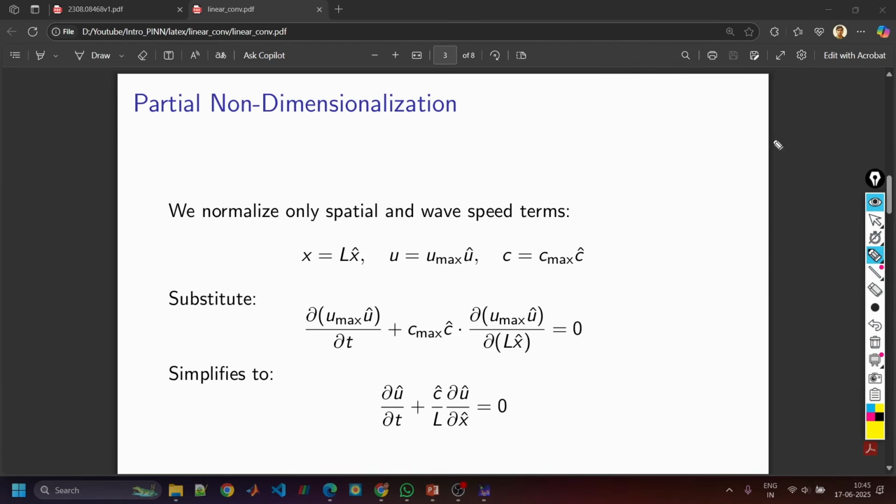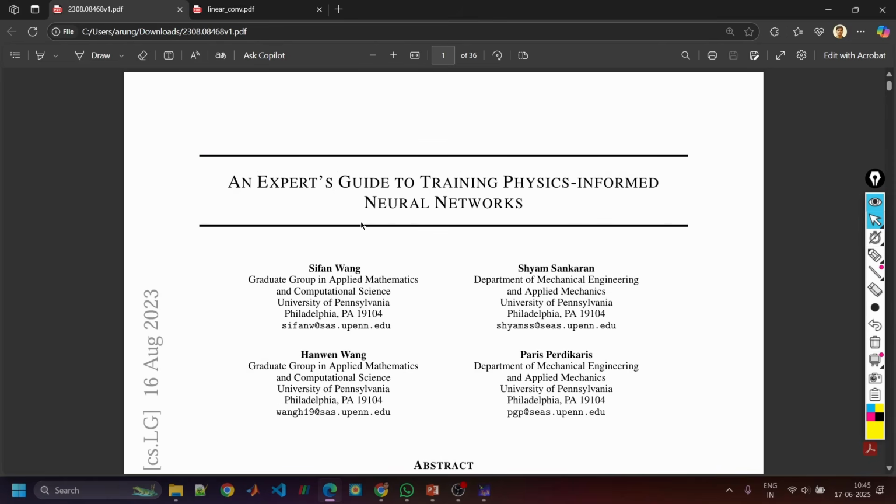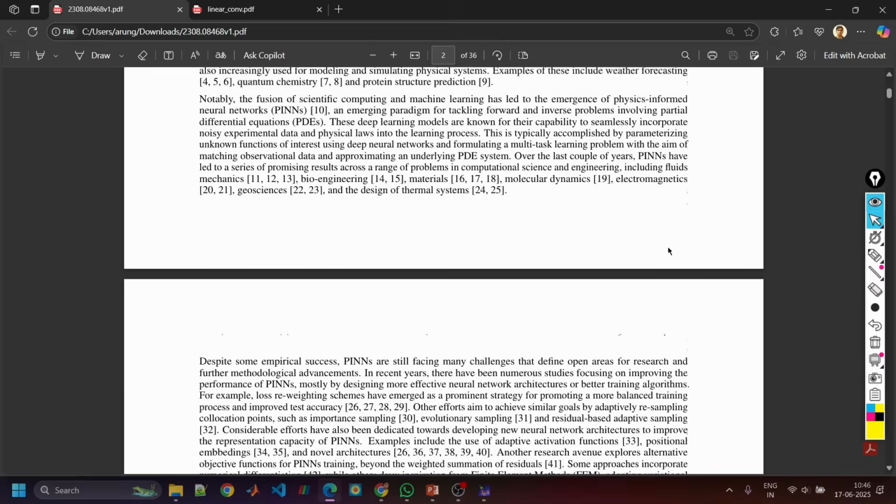One of the best papers to learn the basics of PINN is this paper, an expert's guide to training physics informed neural networks. I would say this is the most comprehensive paper I have seen so far, giving the best procedures to solve PINN equations.